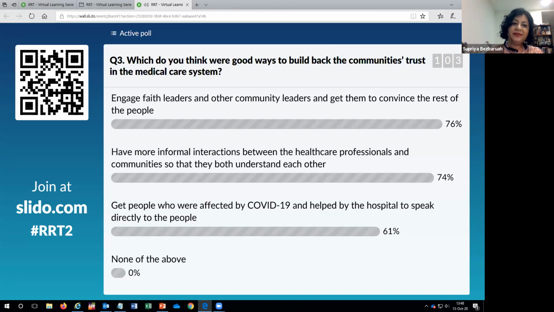One of the issues was the corrosion of trust with the health system and the hospitals, because they thought it was just a scam. So when they speak to people who were affected by COVID-19 and were in the hospital, that also gives them an idea that it wasn't a hoax. So all of them are effective in building back the community's trust.